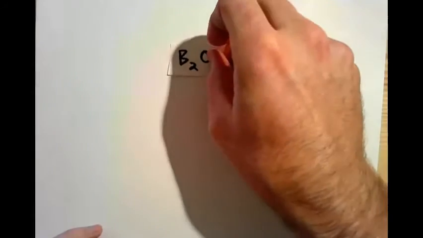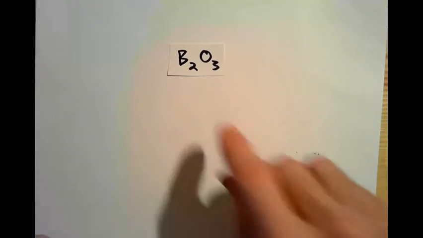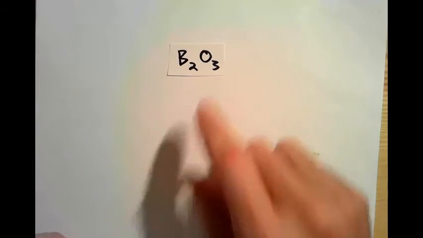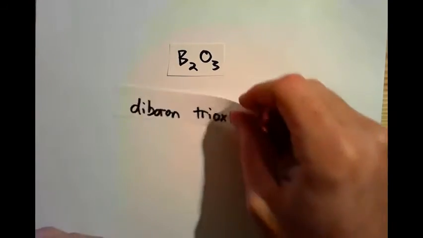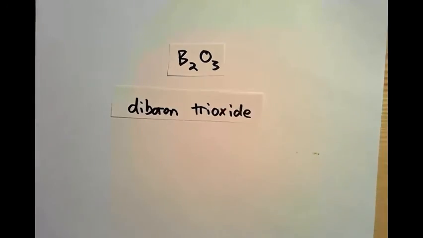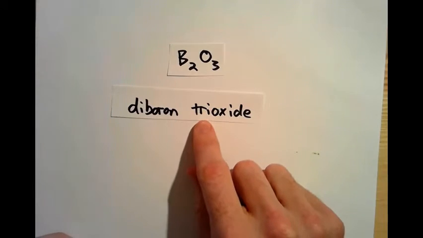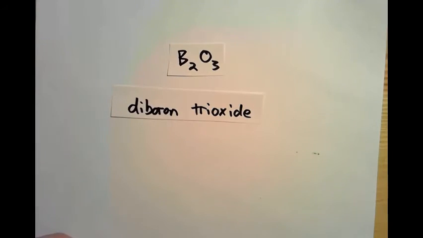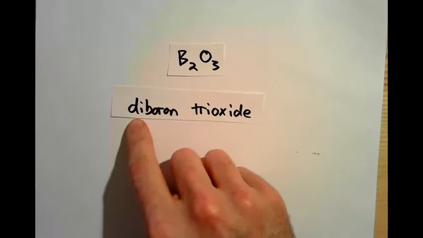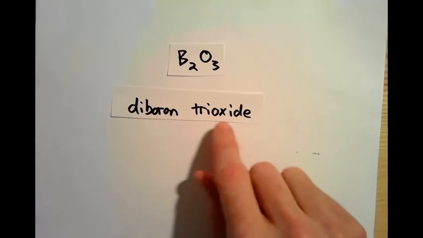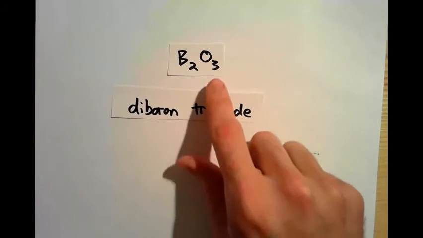Along the same lines, if we have B2O3, that will be 2 borons and 3 oxygens, so that will be diboron trioxide. The di meaning 2, and the tri meaning 3.